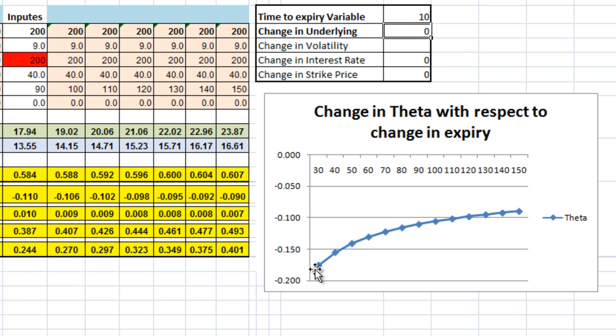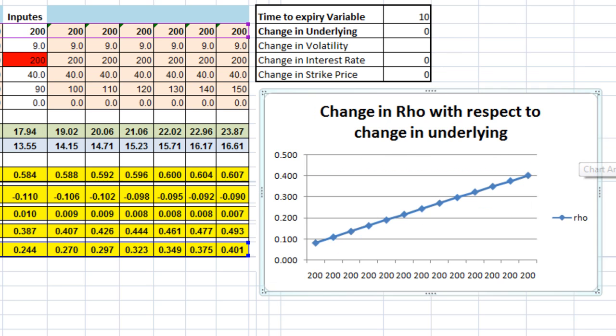So as we can see with the chart, if the option contract has a longer duration, the theta is normally low, and if the contract is going to expire in the near future, very soon, the theta is higher. Change in rho with respect to change in underlying value.